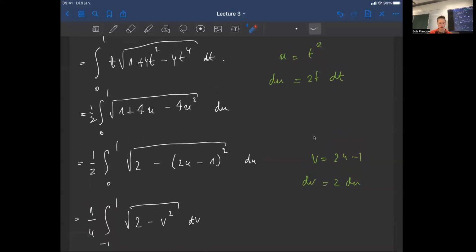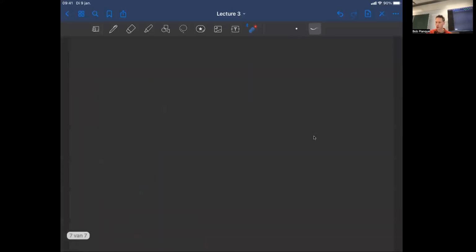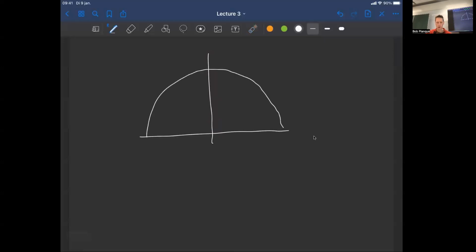And okay, let me see if I can explain this to you, because this actually is not in the book. So the picture I want to show you is this picture, where here I have square root 2, and here I have minus square root 2.